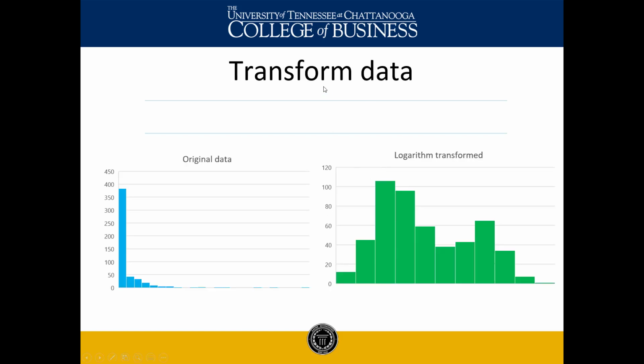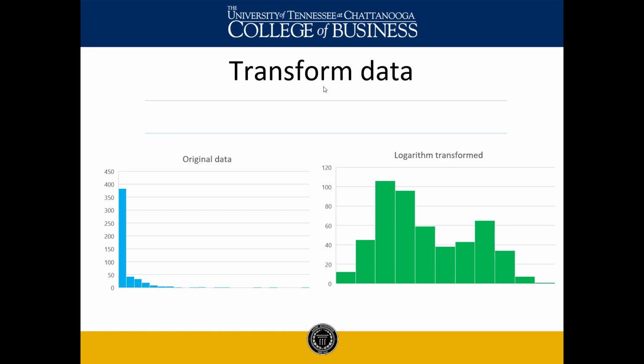Okay, transform data. There are instances where you may want to use a logarithmic or power transformation. So here, if you look at this variable, this is a frequency distribution, and you see that most of the values are concentrated in one range of values. This is a histogram.